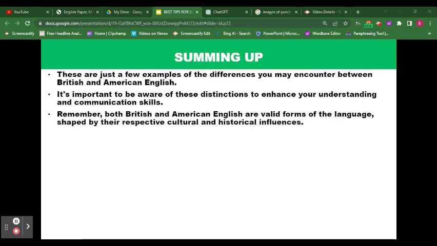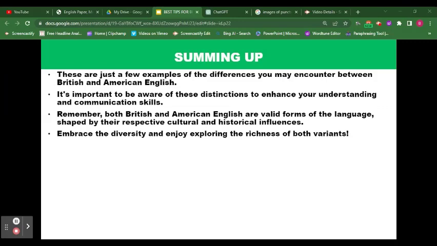Remember that both British and American English are valid forms of the language shaped by their respective cultural and historical influences. So you need to embrace the diversity and enjoy exploring the richness of both varieties. So that wraps up our lesson on best tips for distinguishing between British and American English. By being mindful of pronunciation, vocabulary, spelling, and grammar differences, you can navigate both varieties with confidence.